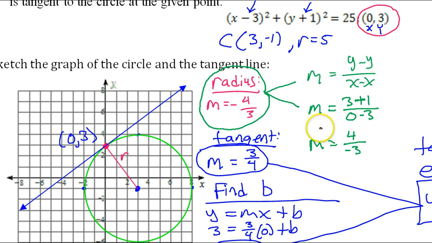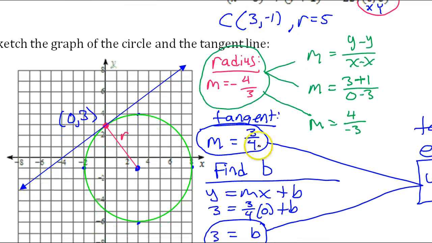Okay, so you see I could have gotten the same slope of 4 over -3 or -4 over 3 from using the slope formula. Just make sure you're using your center and your point of tangency, which really are the only 2 points you had. So if you use the points you got, that'll be the slope of your radius, and then you can go from there. So you don't need a graph to be able to do that.